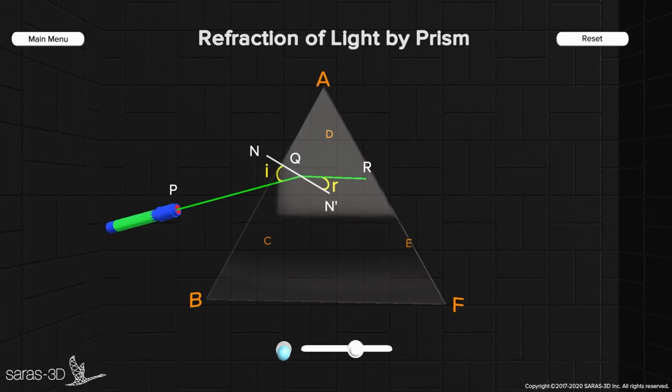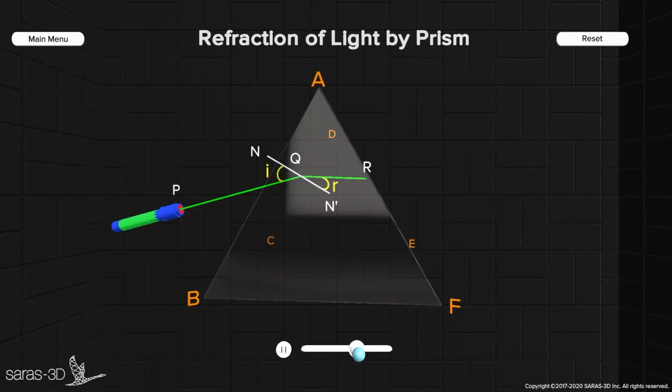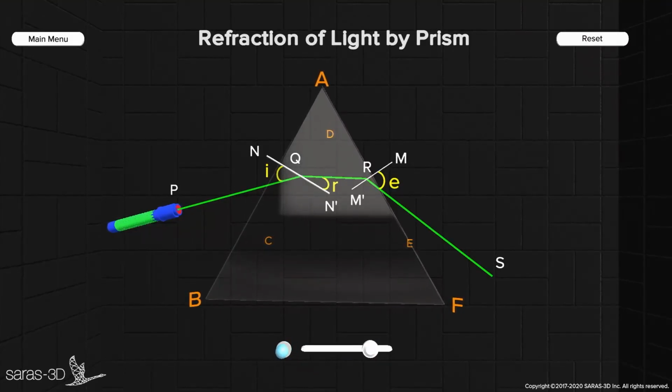Now, if you consider a glass slab, you can say when it will emerge out, it will be parallel. But here, the opposite faces are not parallel, and so we cannot expect that to happen. So, let's say that RS is the emergent ray. Now here, as you can see, it is traveling from glass prism to air, so it moves away from the normal because it is going from optically denser to optically rarer medium.